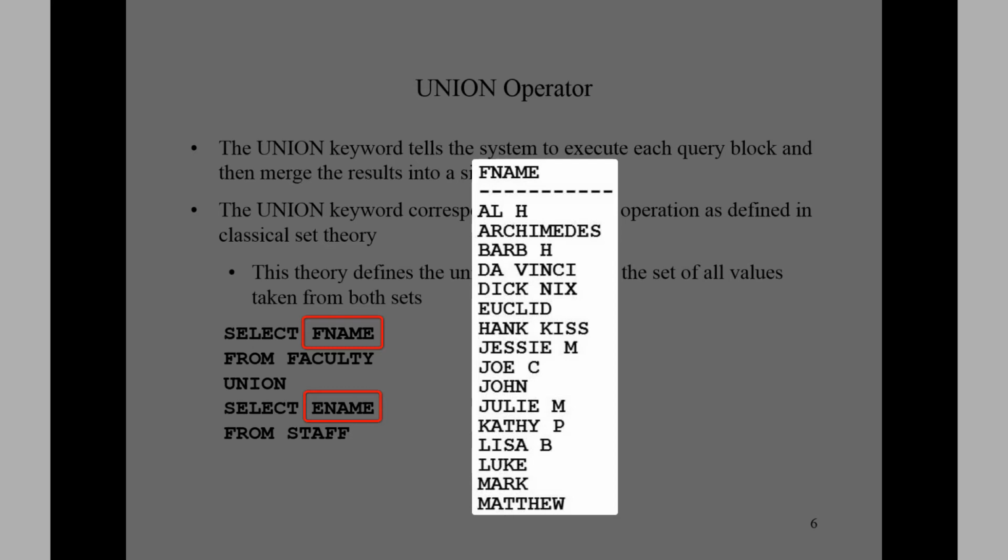However, only one name can appear as the column heading for the displayed result. Note that the name of the column in the output of this union is FName. In general, the column name that appears in the first query block will determine the column heading of the output.